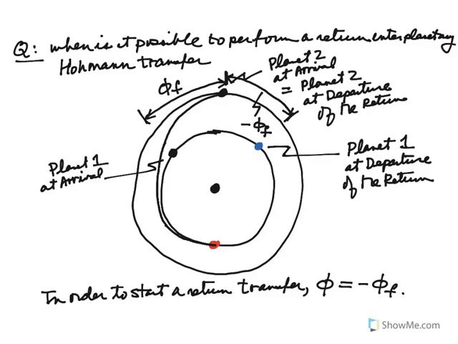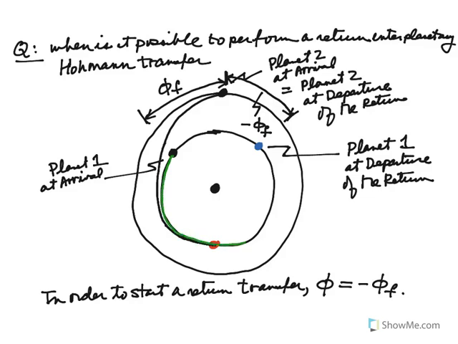which is that you can see that, and I'm going to mark this in green, planet 1 was in the location that it was at arrival, and in order for you to start the return, you have to execute this after waiting this amount of time.